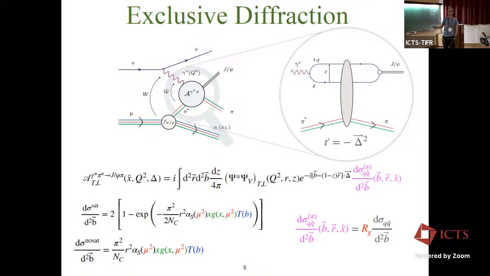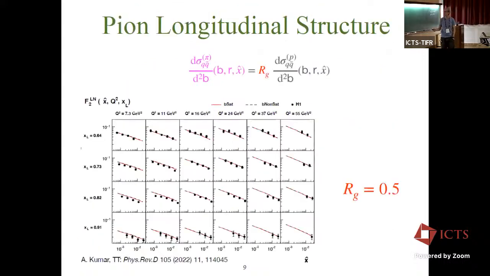So there should be some scaling factor, Rg, and that we can put to the test. We can calculate F2 for leading neutrons and find out what this Rg is, just by making this substitution. We find that we get a good description of F2 data in leading neutrons using Rg of 1/2. So a pion is half a proton at small x.